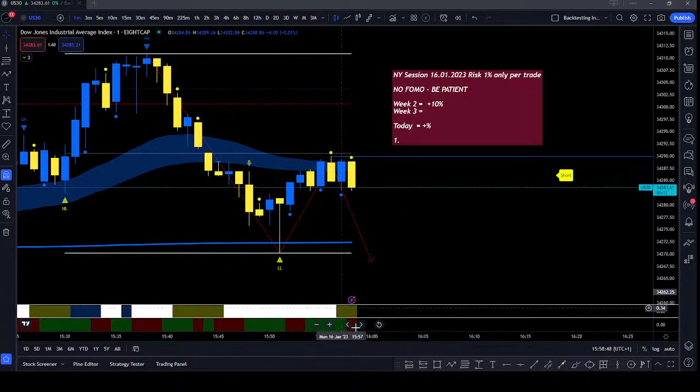So this candle should have the volume gates open, and then I would be looking for an entry.